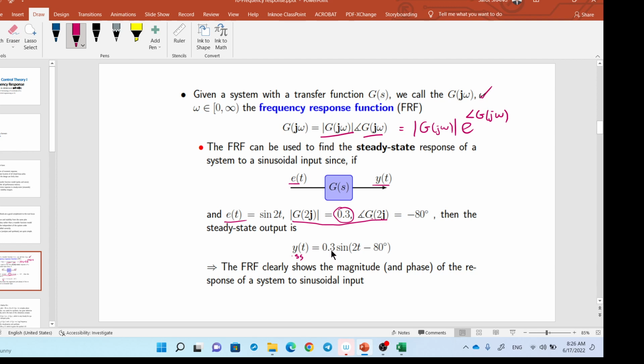The magnitude of the input is modified by the magnitude of the frequency response function, and the phase of the output is shifted by the phase of the frequency response function.